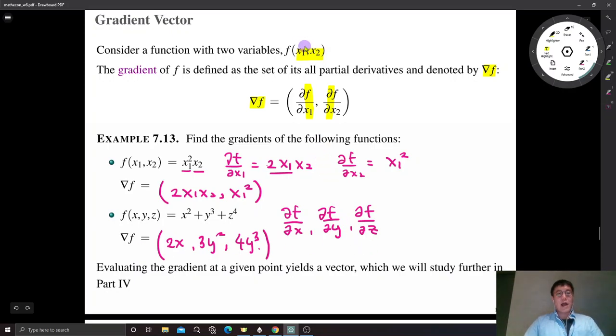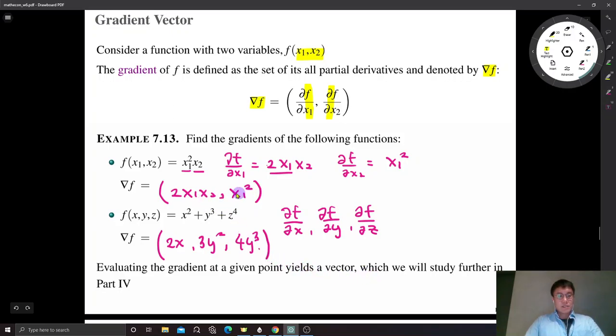Okay, so the collection of all partial derivatives is called the gradient. Right? So this is very important. It plays quite a pivotal role when we study optimization theory.